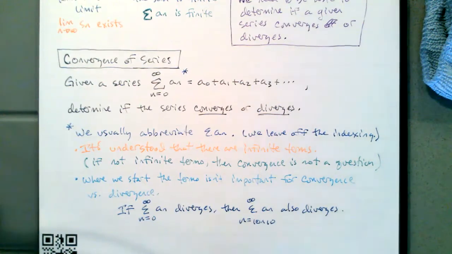10 to the 10th is actually a pretty large number, but if you're really concerned that that's not big enough, it still diverges because I've still only cut off a finite amount, even though we're dealing with unfathomably huge numbers.